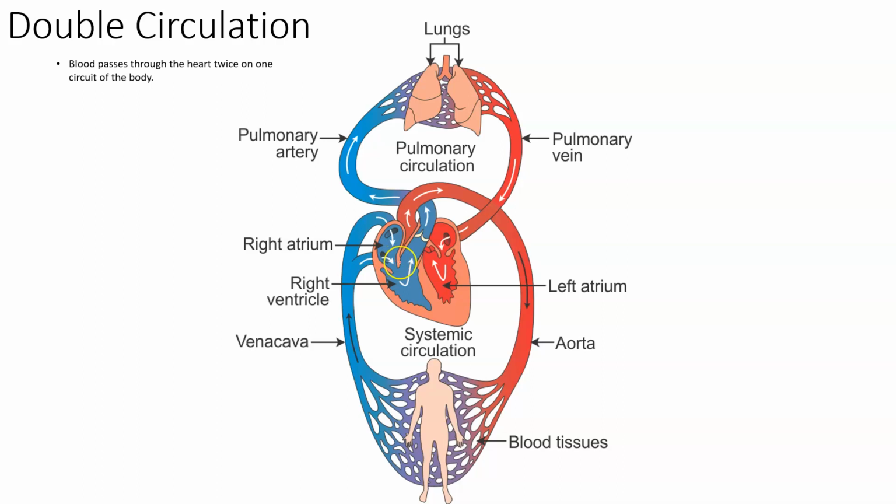One of the biggest things you have to keep in mind when you are labeling the aspects of the heart, and we're going to go through this in more detail, is that when you're looking at a diagram of the heart, the right side of the heart is going to be on the left side of the diagram, and the left side of the heart is going to be on the right side of the diagram.